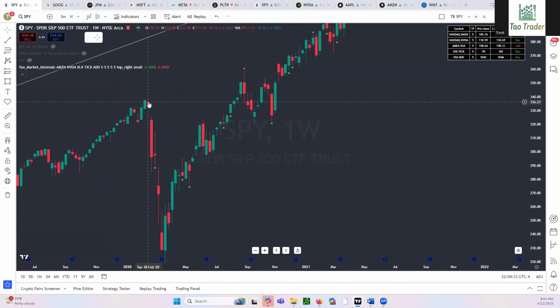This small red candle here opened at 3:36.69, came all the way down to 3:32.75, and closed at 3:33.37. I did forget to mention the high in there. At one point, it did get above and continued down.